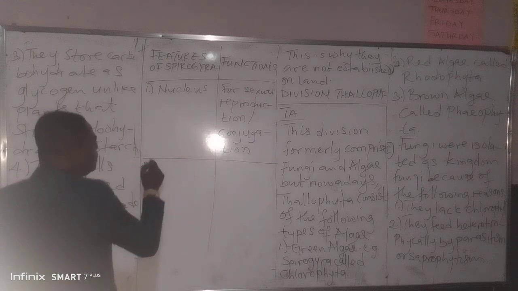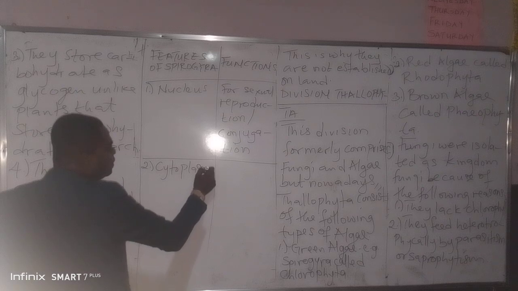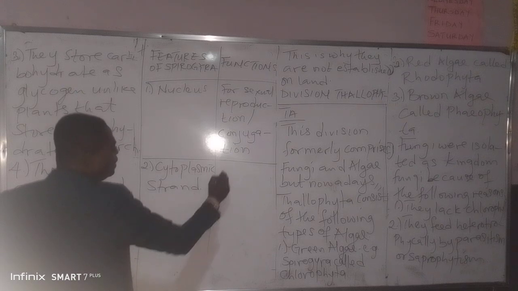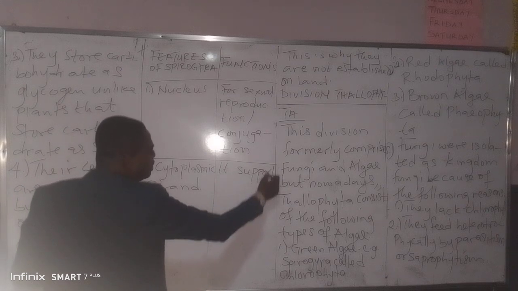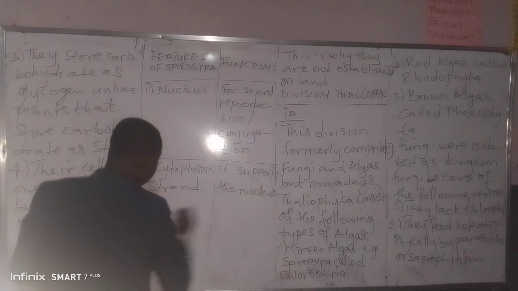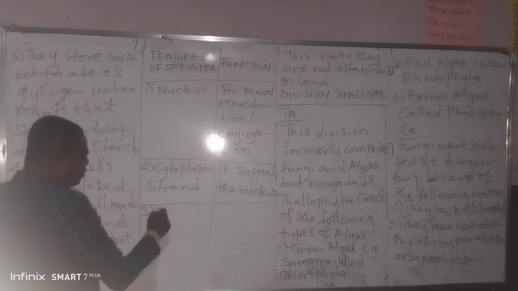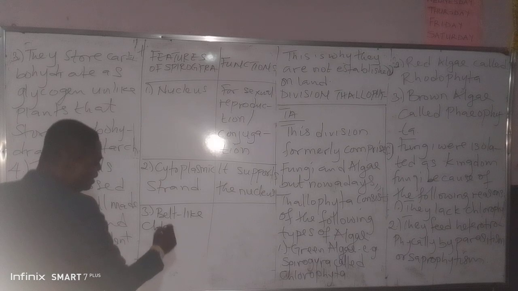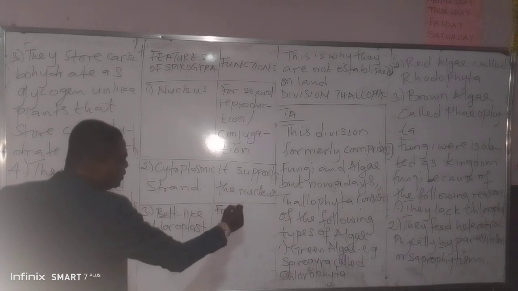Then number 2, cytoplasmic strand. So it supports the nucleus. It's like a star. So then 3, a belt-like chloroplast. A chloroplast that looks like belts, for photosynthesis.